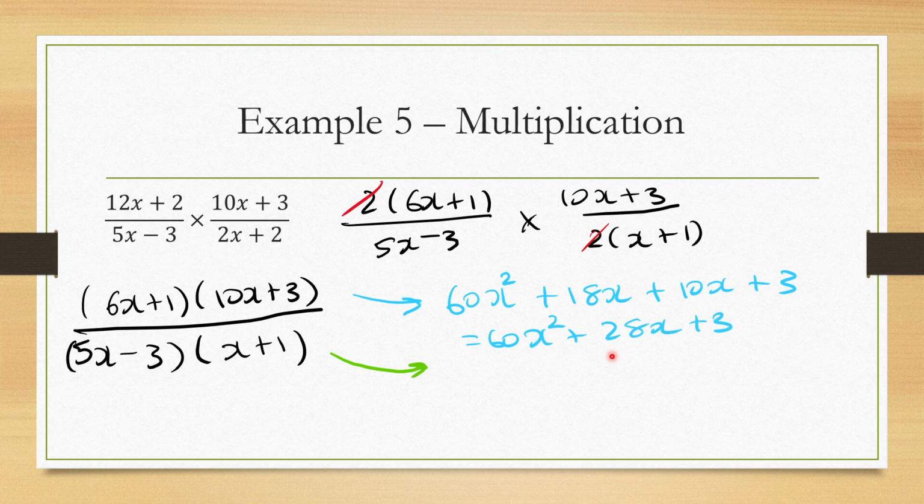Now when we look at the denominator, we can do 5x multiplied by x, that's 5x squared, and then 5x multiplied by 1, that's 5x, and then minus 3x multiplied by x is minus 3x, and minus 3 multiplied by 1 is minus 3. Simplify that down further, so it's 5x squared plus 2x minus 3.